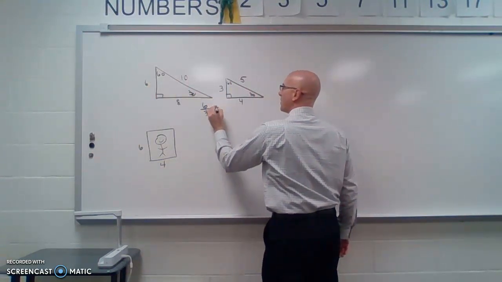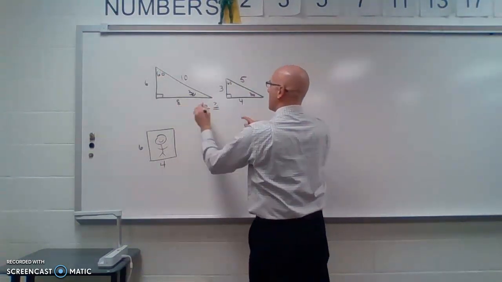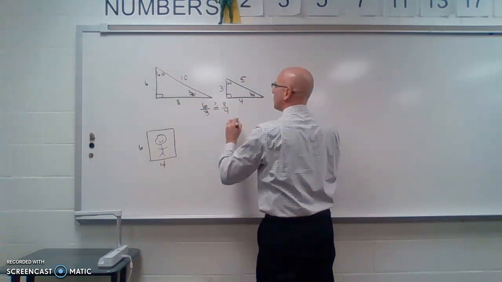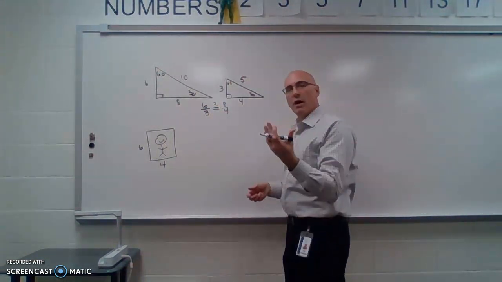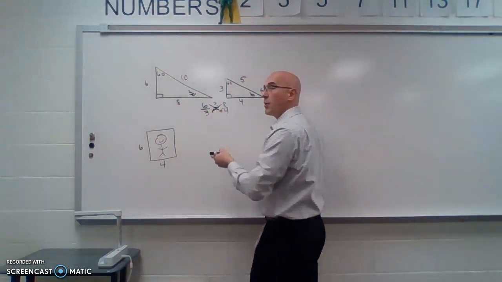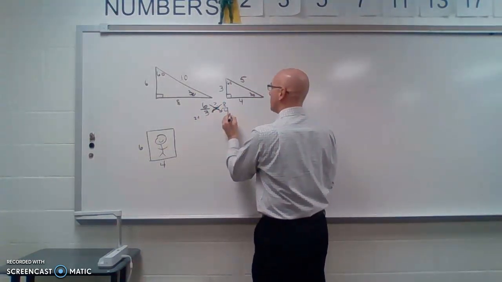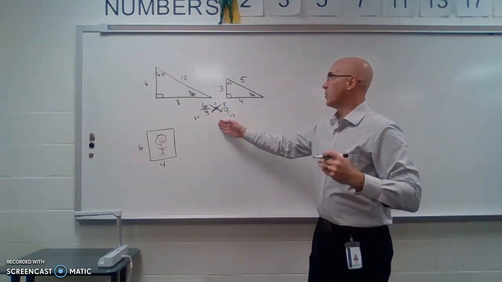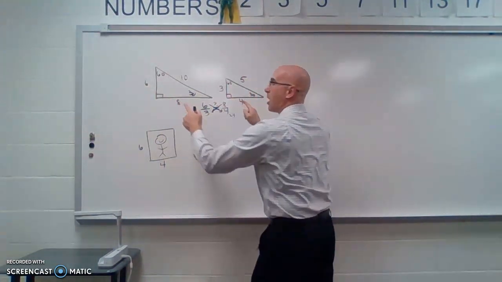And then I want to figure out, is that proportional to another pair of sides? 8 to 4. Are those proportional? So the way we found that out in our last lesson is we cross-multiplied and see if those products are equal. 8 times 3 is 24. 6 times 4 is 24. So therefore, these two sets of sides are proportional.